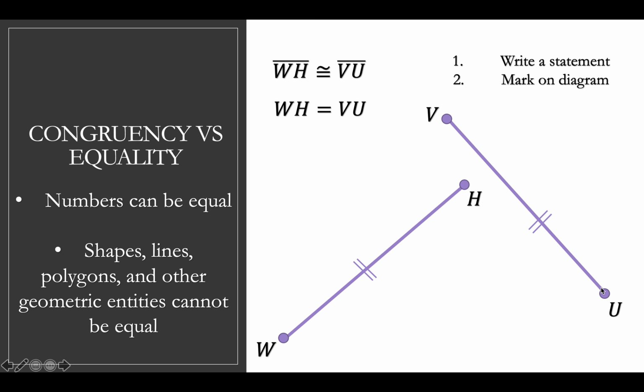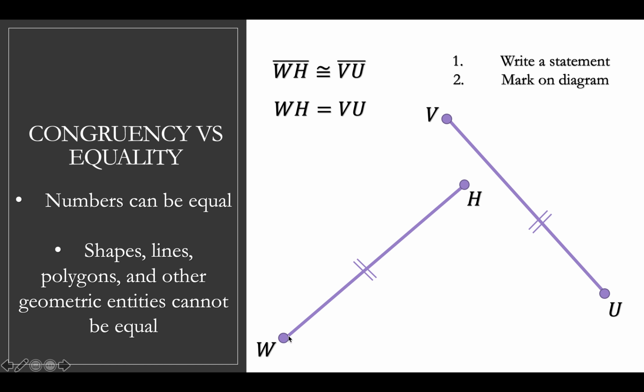Like I said, that would be like saying that Orangelo is Lamangelo, and that's not true. They're two different people. They're just identical in form, all right? So instead, what we could say is that WH is equal to VU, not that line segment WH is equal to VU, that WH is equal to VU. And here's the difference.